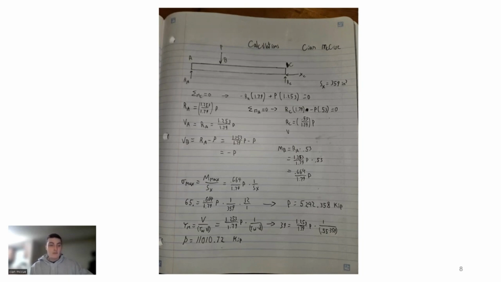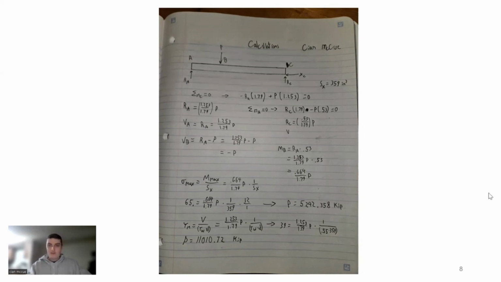We found two values for P, one being 5,242 kips, and the other being 11,010 kips.